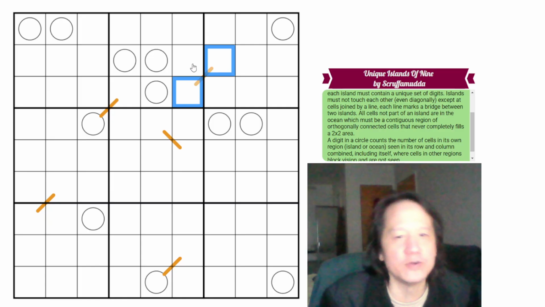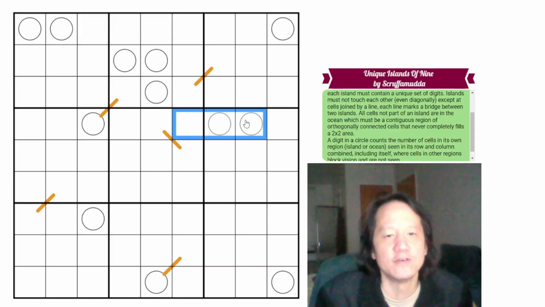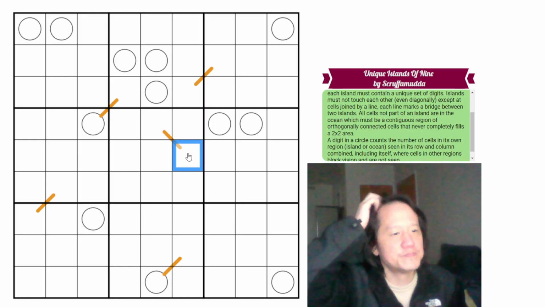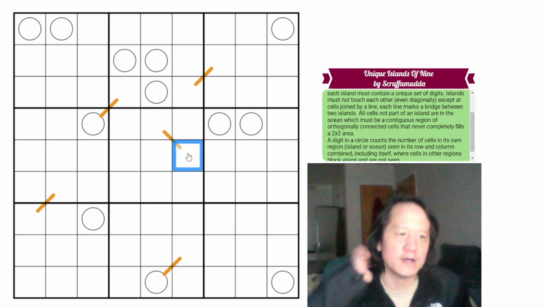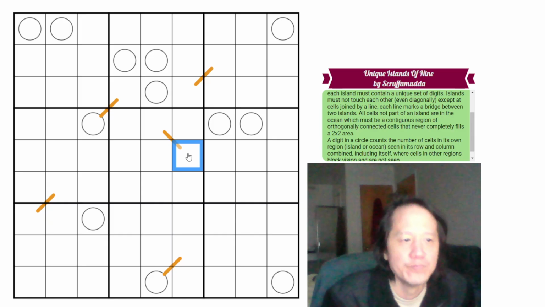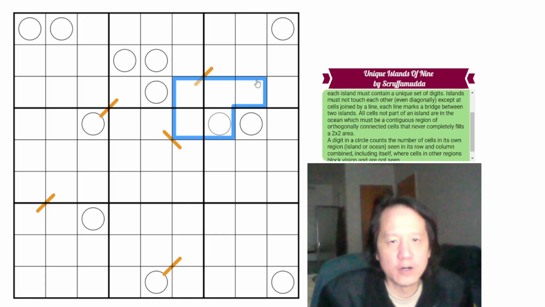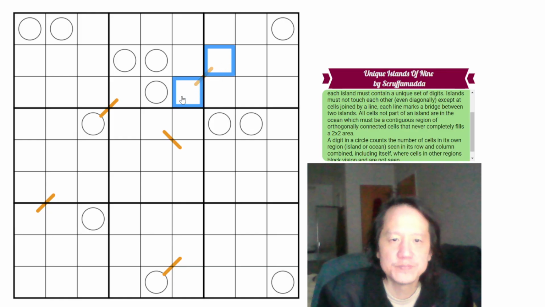Obviously you can have an island by itself. You can have one big island, which would be all contiguous to each other, but you cannot have that touching another island except in these bridge spots.